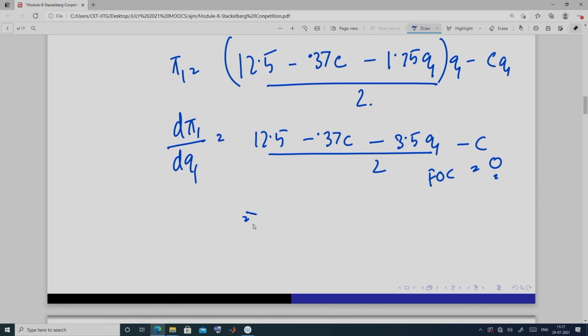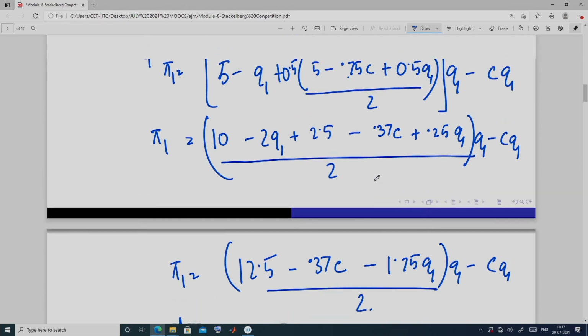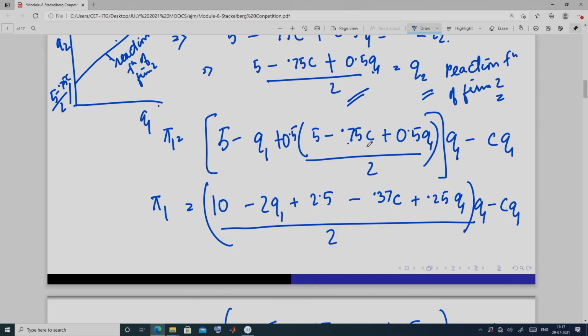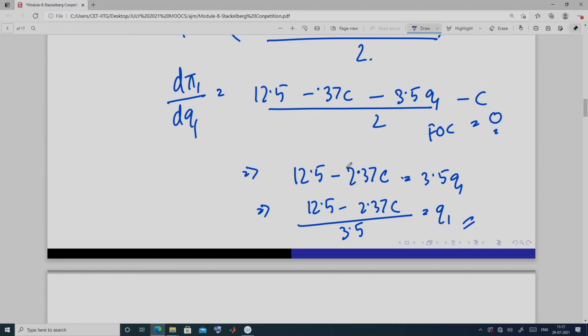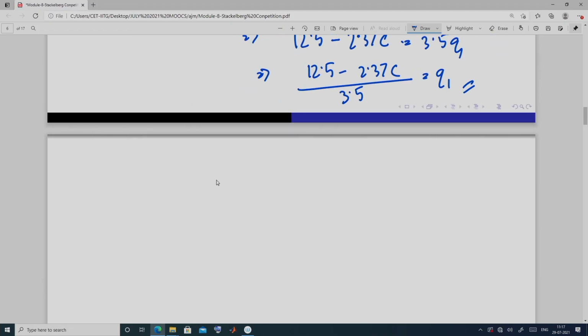So, we get the output of firm 1, which must be, okay, so it will be 2.373. So, Q1 is this.